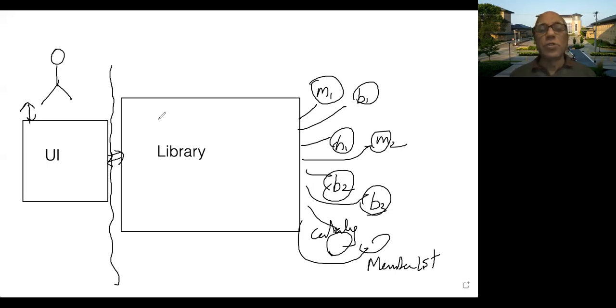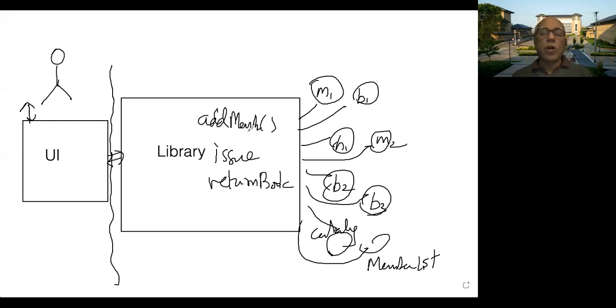It always goes through well advertised methods like add member or issue book or return book, etc. So all those functionalities are in the library. User interface goes through this, which, depending upon the function, depending upon the method, will pick from different objects and do something with them.